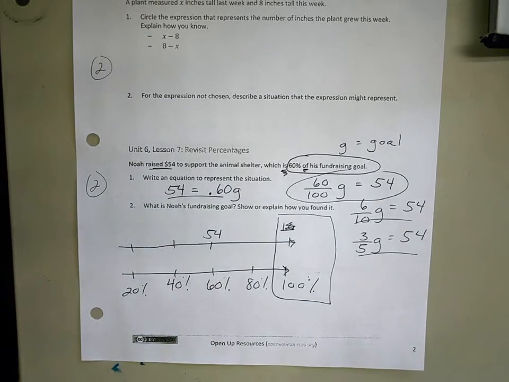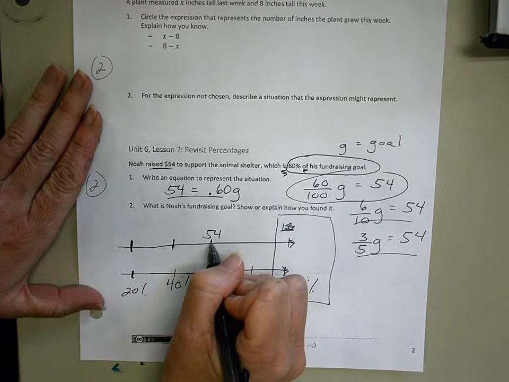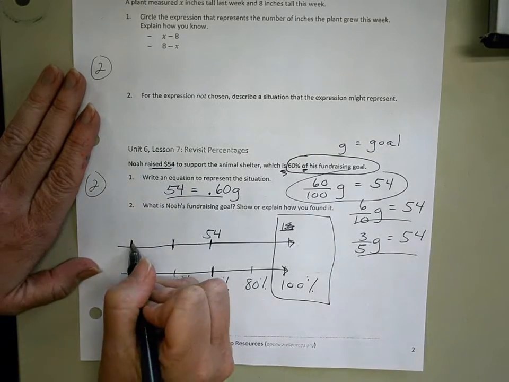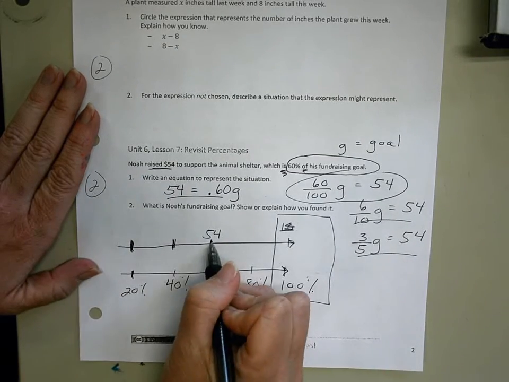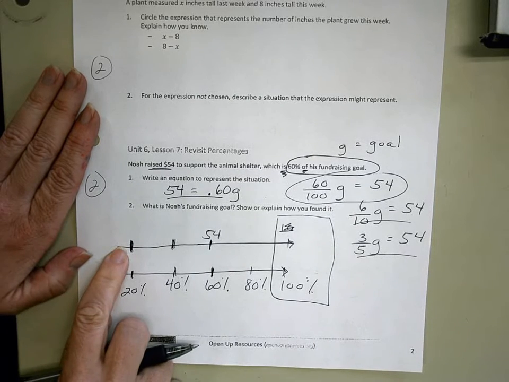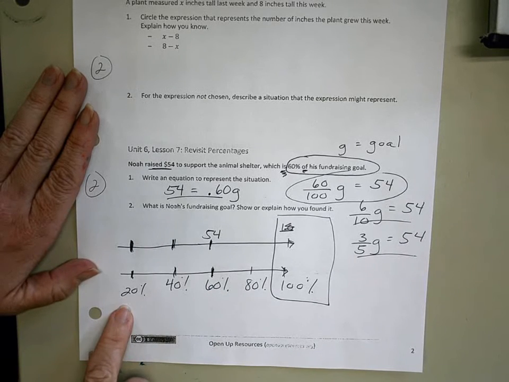So in order to get this to work, I need to work backwards a little bit and find out, well, if $54 is 60%, what's 20%? So I have 3 different groups here, 3 intervals, so I'm going to have to do 54 divided by 3 to get my 20%, since 60% divided by 3 is 20%.